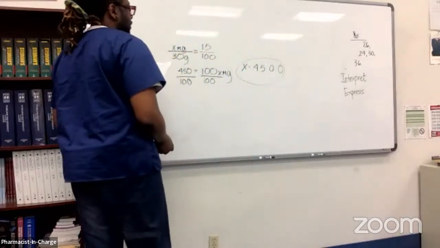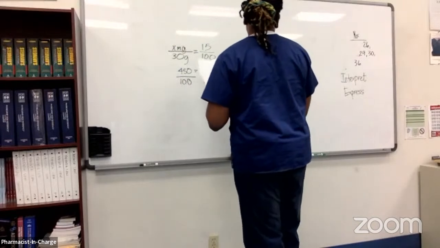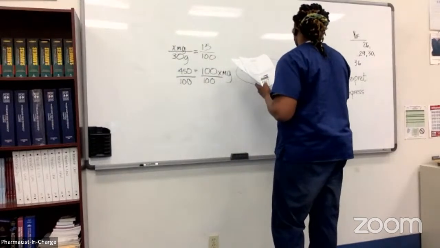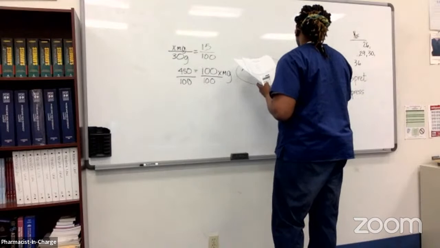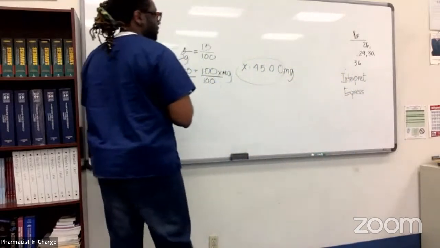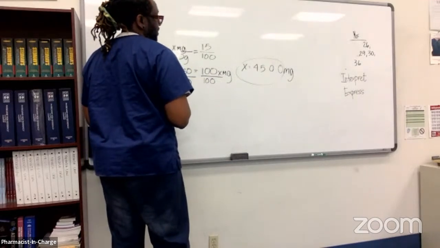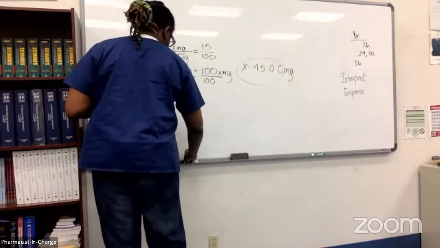What is that? I'm going to put something else in there. What's the unit? Has to be lowercase, what letter? M. 4,500, 4,500 grams.